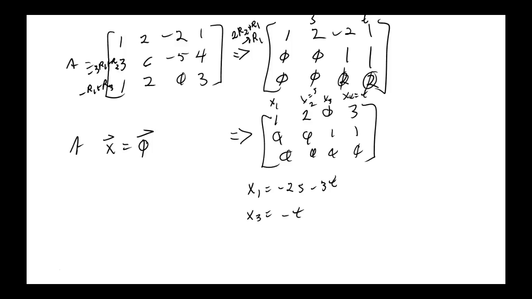So, it said find the null space. Well, the basis for the null space is just these 2 vectors. Now, what are the 2 vectors? Certainly s equals 0 and t equals 0 makes all 4 of them 0. We've said that one.